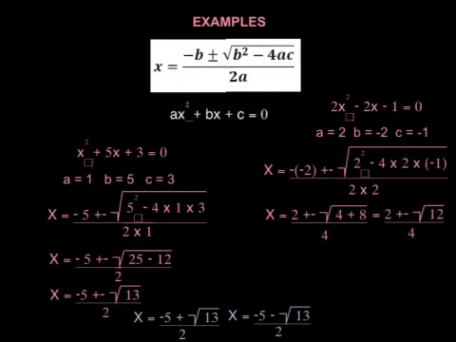We can see that the number inside the square root is positive, so it's greater than 0. So how many solutions are there going to be? There's going to be 2. To finish off this question, let's find them. The two answers here are x equals 2 plus the square root of 12 all over 4, and x equals 2 minus the square root of 12 all over 4.